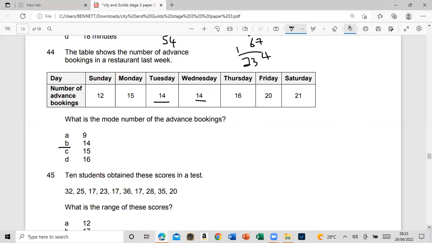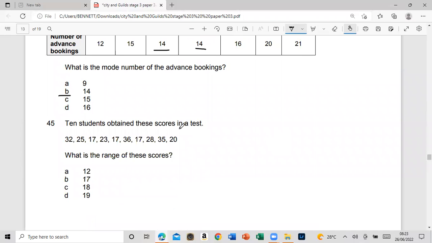So let's move on to 45. 10 students obtained these scores in a test. What is the range? All right. So the range is actually the difference between the largest value and the smallest. All right, so 35 seems to be the largest. No, 36, 17.